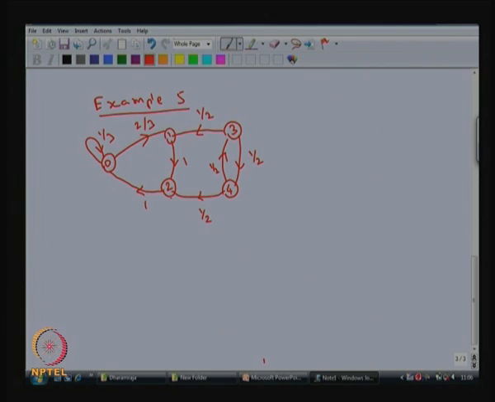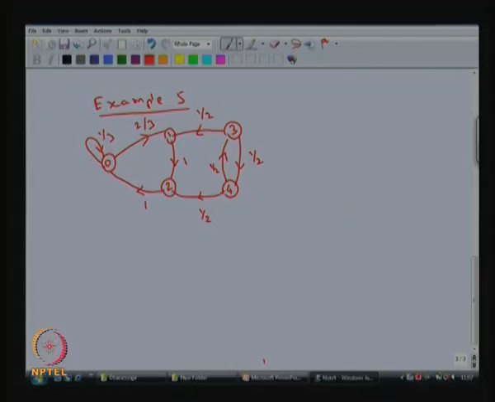Sometimes if the outgoing arc probabilities do not sum to 1, you can make out the self loop as probability 1 minus all the outgoing arcs, but that is a default scenario. But always we should draw the correct state transition diagram. If it has some positive probability for the self loop, we should always draw the self loop with that positive probability. That is the correct way of drawing the state transition diagram.